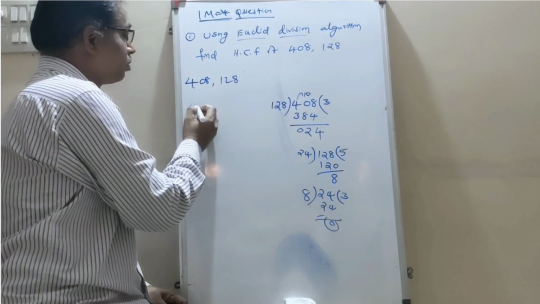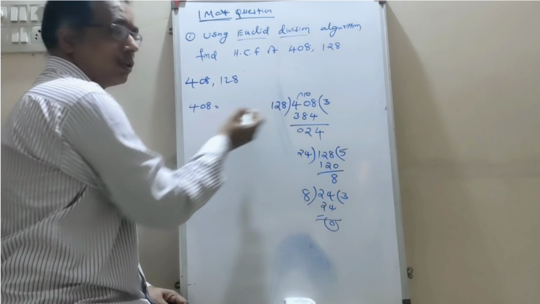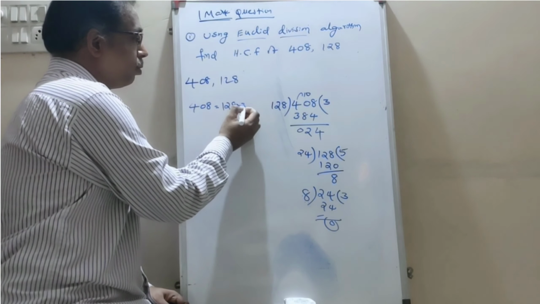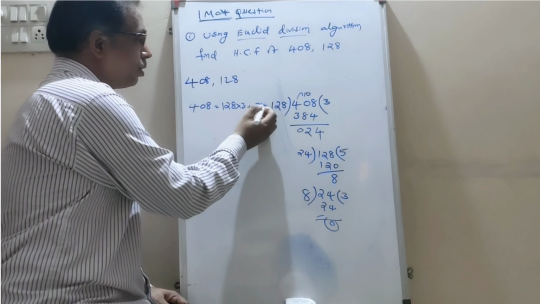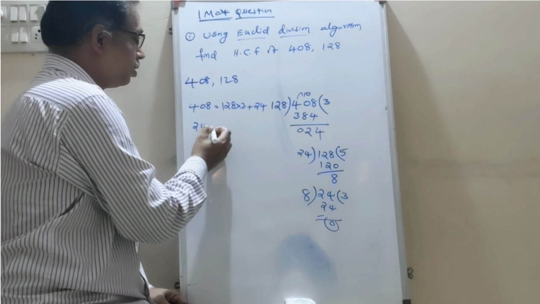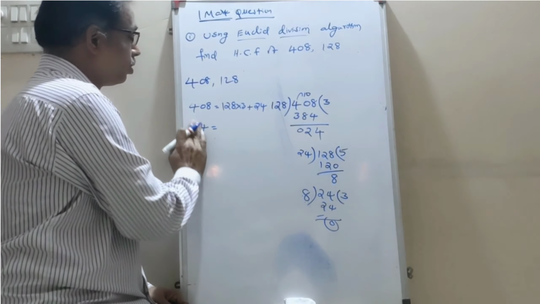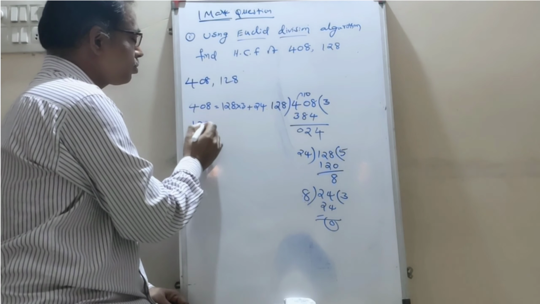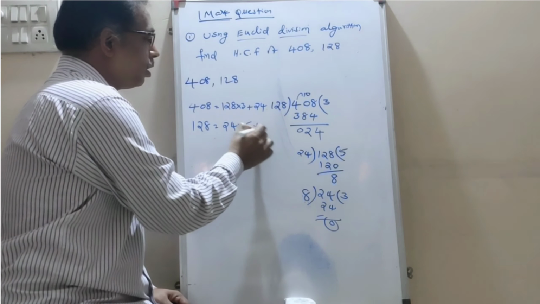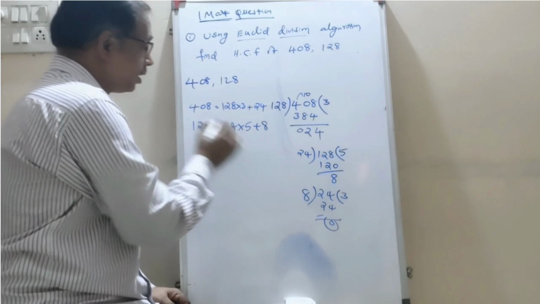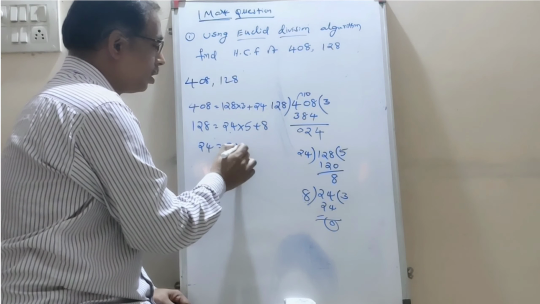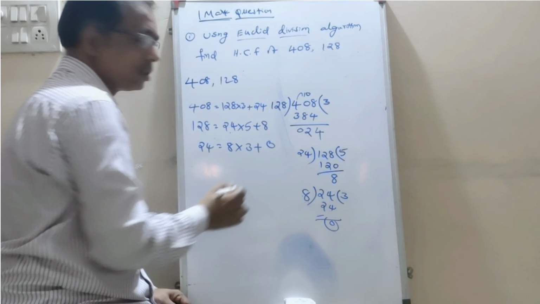So to do this process, we have to write it in equation form. First, in the first division, 408 is equal to 128 into 3 plus 24. And again, 128 is equal to 24 into 5 plus 8. And again, 24 is equal to 8 into 3 plus 0.